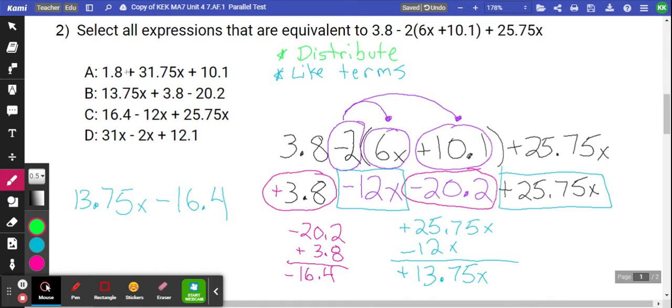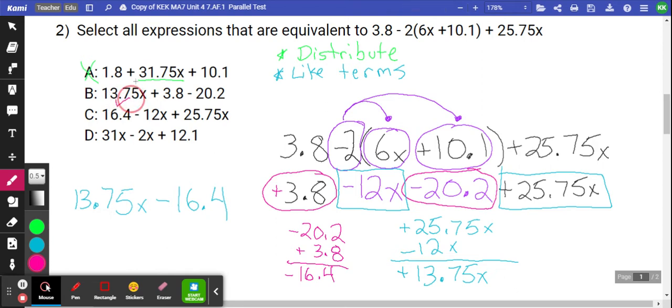So if I look at part A and I look at just the variable term right there, the 31.75x, we got 13.75x, not 31. So I can automatically eliminate A because it doesn't match our variable term. We don't even have to look at the constants for that one. And then I can look at part B and I see it's 13.75x.